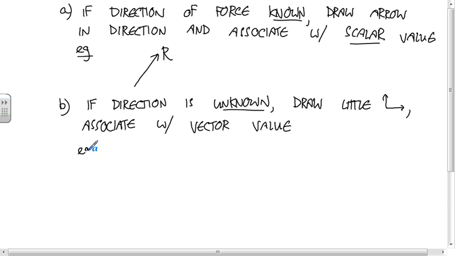So, for example, if you don't know anything about the direction, then you could represent the force like this. Or a lot of times you see people write it like this, pointing the other way, means the same thing.